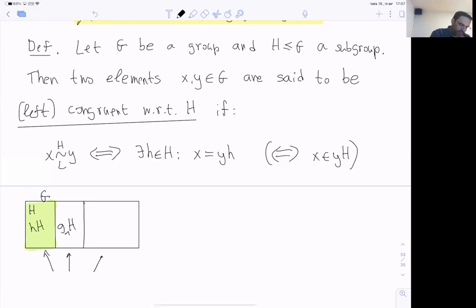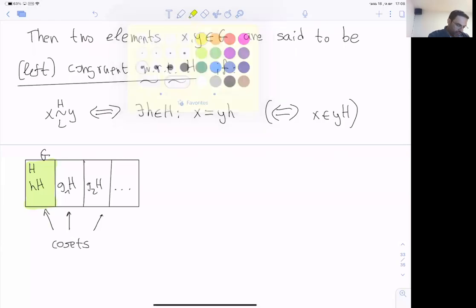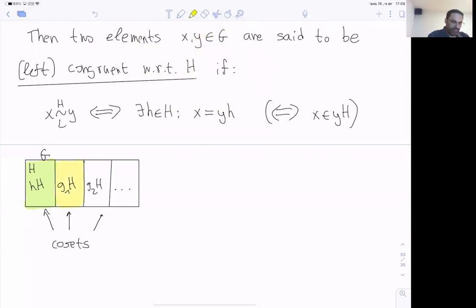We can also take another element, etc. These are called cosets. Why are these called cosets? Because they are complementary. Altogether, their union is just G. But you can think about this as a shift of H. So we have different shifts of H.